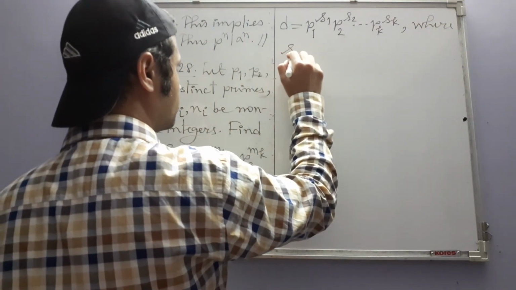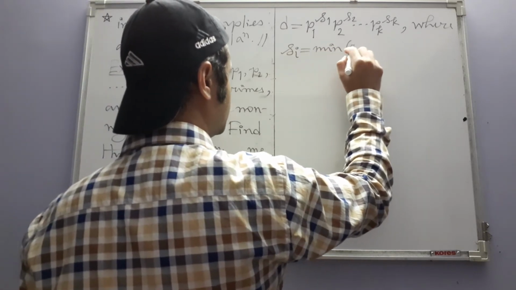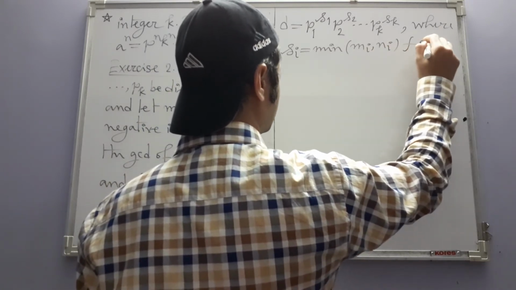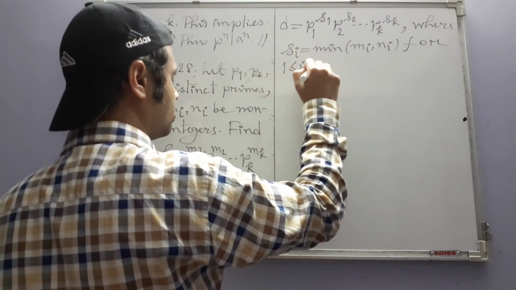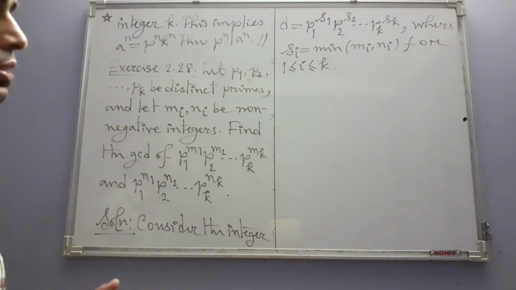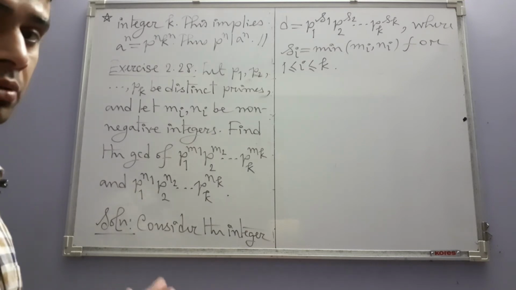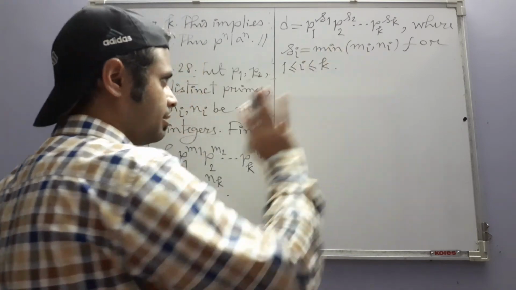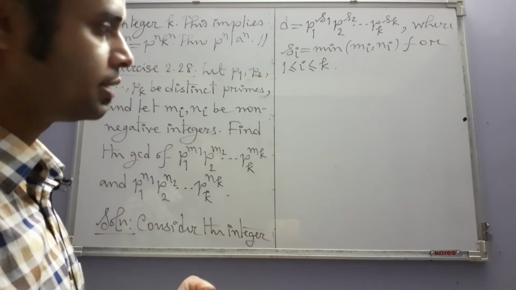Where si is the minimum of mi and ni for i varying from 1 through k. Note first of all that this d makes sense and is a positive integer, because mi and ni, whatever i is, are non-negative integers.